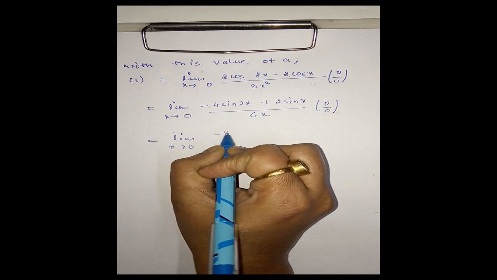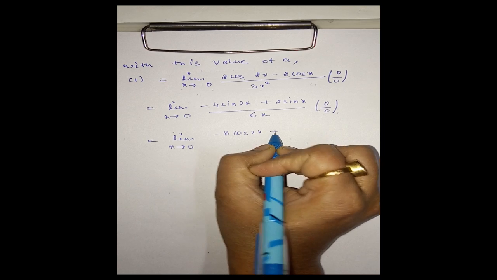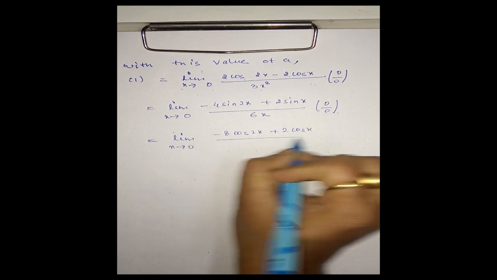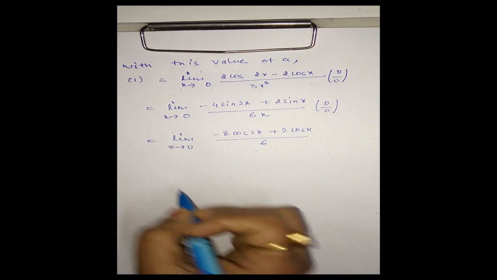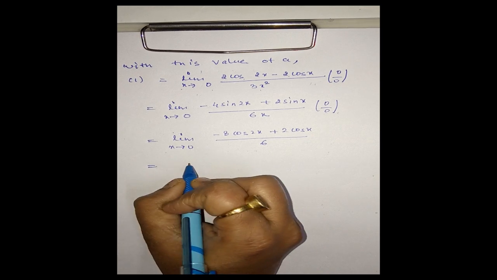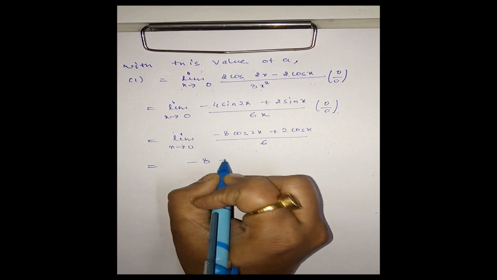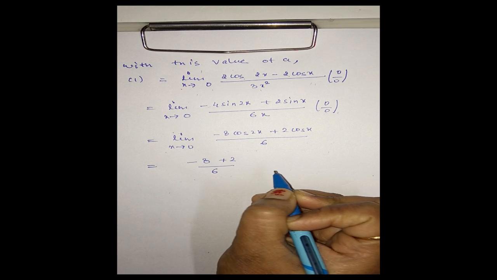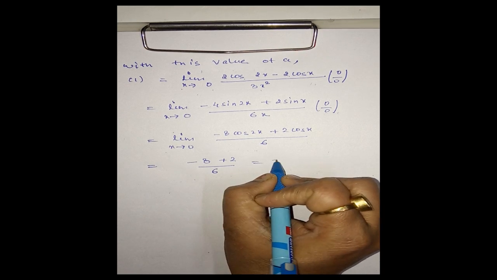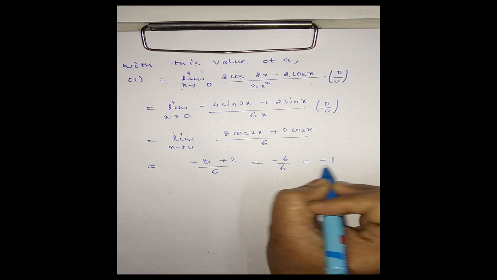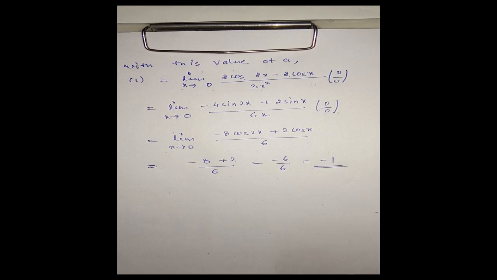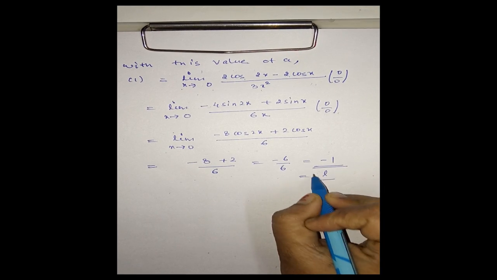This will be (-8 cos 2x + 2 cos x) / 6. Now on taking the limit as x tends to 0, we have (-8 + 2) / 6, that is -6/6, which equals -1. This is the value of L.